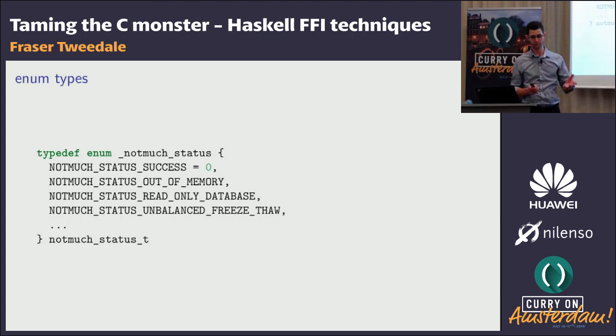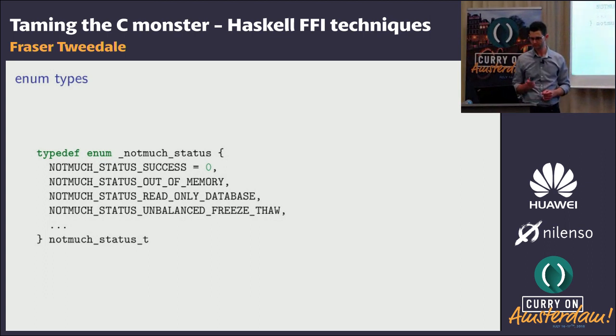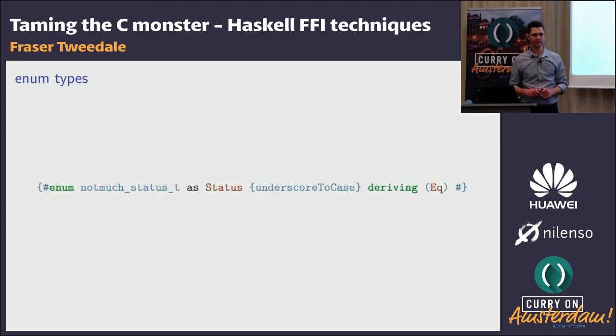This one here, notmuch_status_t, is a result code type. So a lot of the functions in the library will return a value of this type. 0 indicates success, and there are a bunch of failure or error codes that are indicated by this type. So we can use the C2HS enum hook, referencing the notmuch_status_t type from the header file for the library.